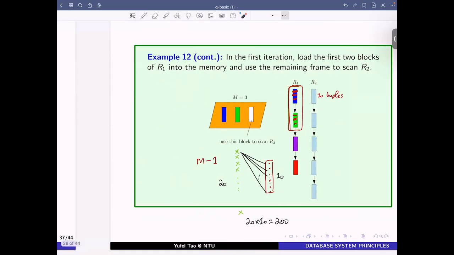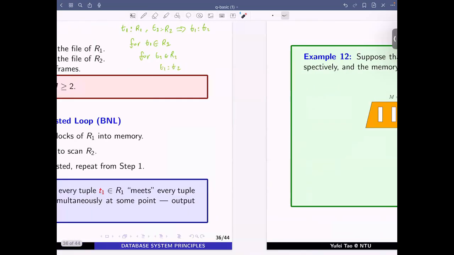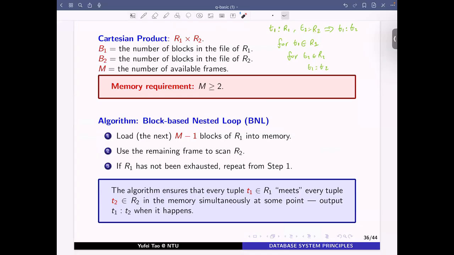Let's go back to the algorithm to see if it makes more sense now. I think it should be much easier to read the description here, right? This is essentially one iteration. In each iteration, as I said, you want to read the next n minus one blocks of R1 into the main memory. If this is the first iteration, it will be the first n minus one blocks of R1.